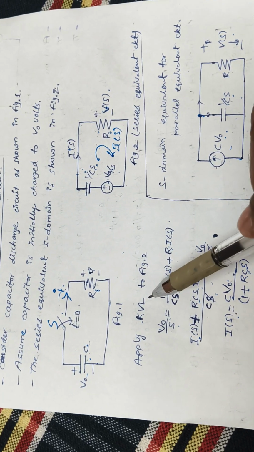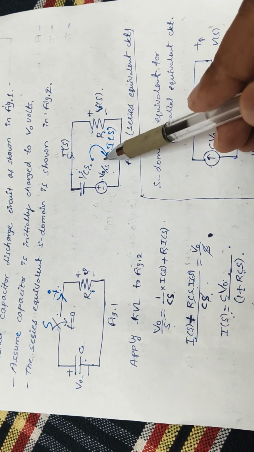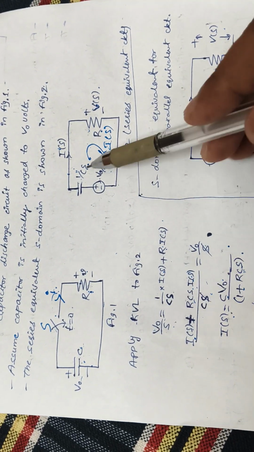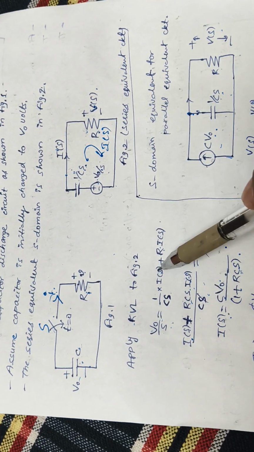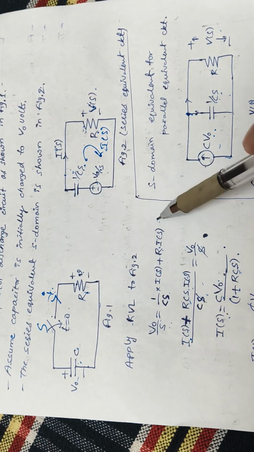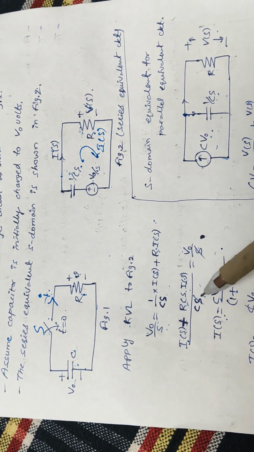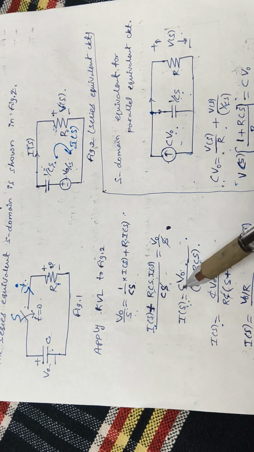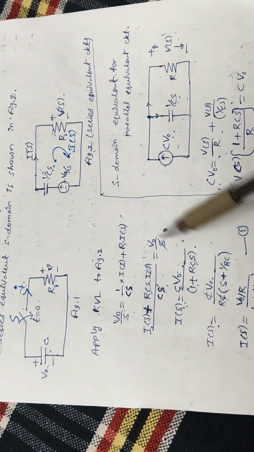Then the second step: apply KVL to this loop. Applying KVL, V0 by S is equal to 1 by Cs into I of S plus R into I of S. If you cross multiply and simplify, you'll get I of S as C V0 by 1 plus RCs.